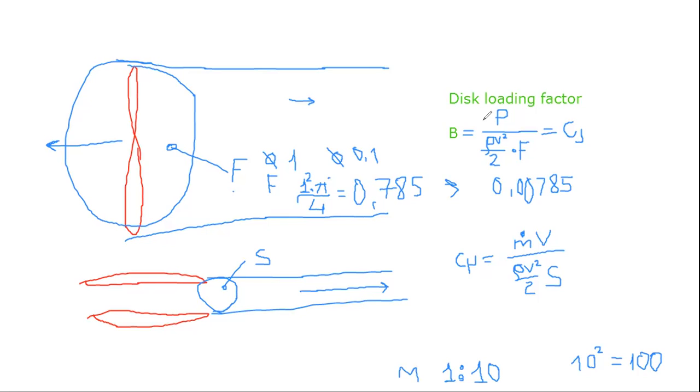What about RPM? There is another factor. Propeller thrust is related to this formula. For this, I use maybe Russian notation. I'm more familiar with it.